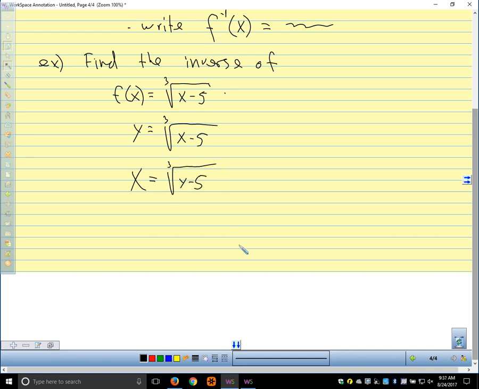And then we're going to solve for y. And this is what I just described. Cube both sides. Add 5. And I'm going to change the order. x cubed plus 5. And we're done. And I write it as f inverse of x equals x cubed plus 5.